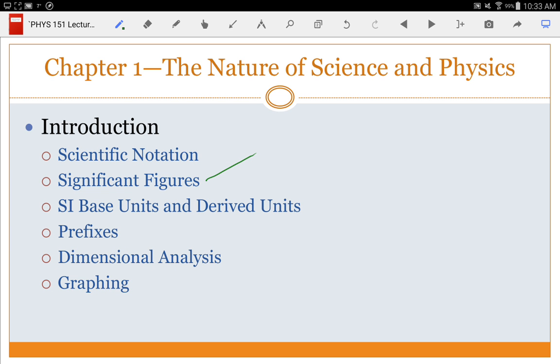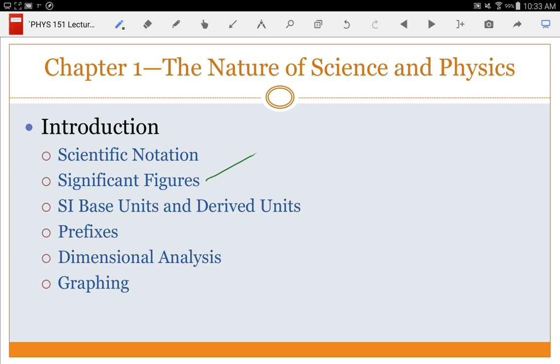So make sure you know your rules for addition, subtraction, multiplication, division with significant figures. To put it simply, for multiplication and division, take the number of significant figures in each number. I assume you all remember the rules on determining what's significant. The smallest of those numbers is the number of significant figures in your answer.